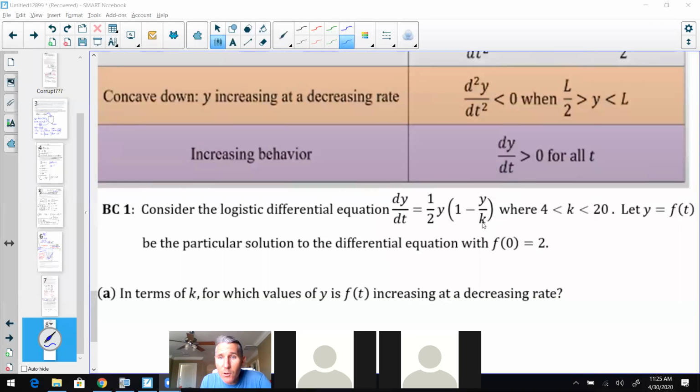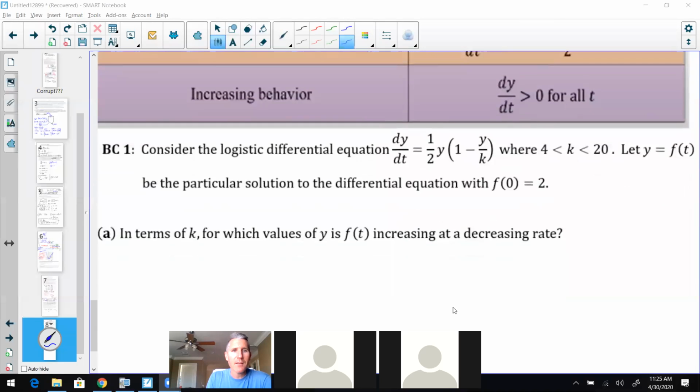But k is located down there, and k is just a constant. So that right there is going to be the carrying capacity. So in terms of k, for which values of y is f of t increasing at a decreasing rate?